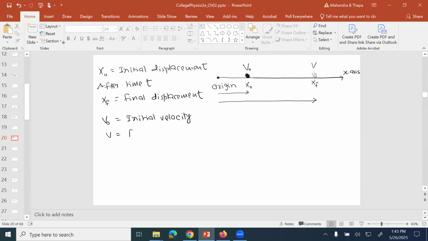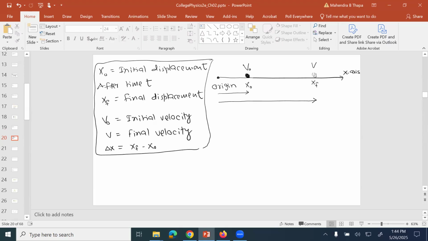So v is the final velocity at this point. Now we can say delta x is the difference between x final and x initial. So these are the symbol key I'm using for this figure.